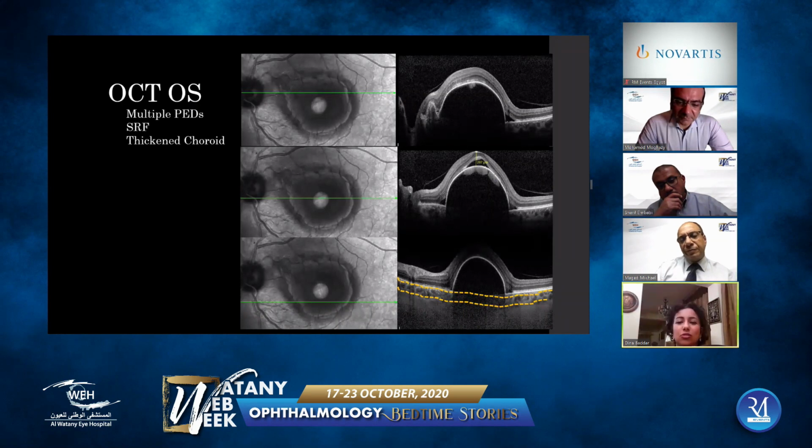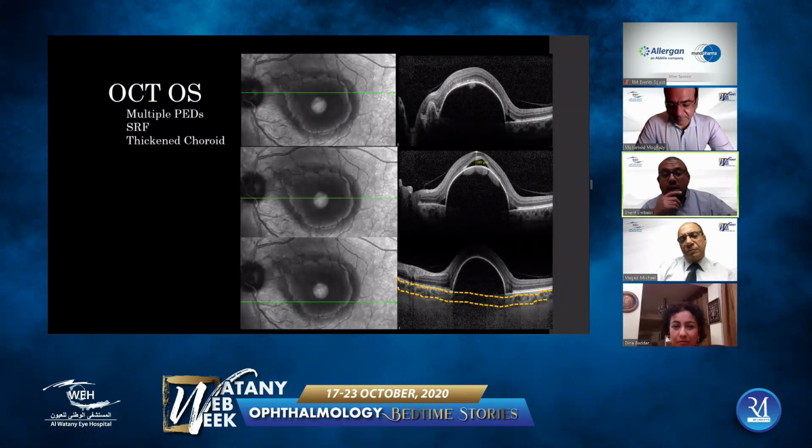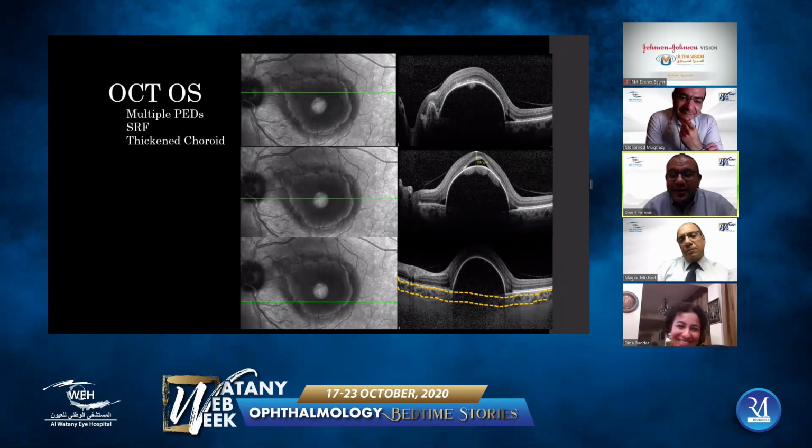All right, and Dr. Sharif, any particular choice of agent? Usually, if you have a massive PED like this, I would prefer to use aflibercept rather than ranibizumab, not because I like Bayer more than Novartis, and I have no financial interest, but because it has been shown that aflibercept has a 20% better ability to penetrate into the choroid, more than 20 times that of ranibizumab.